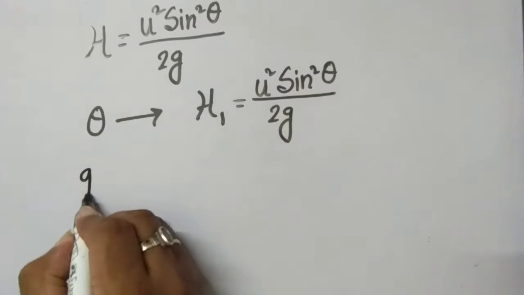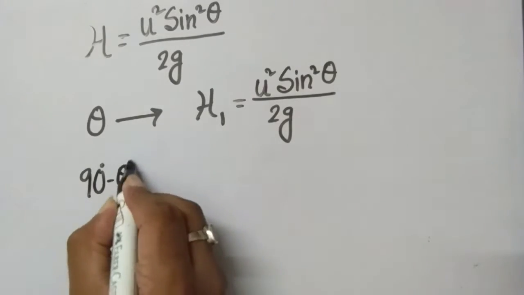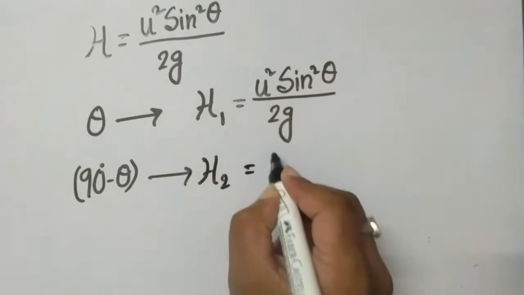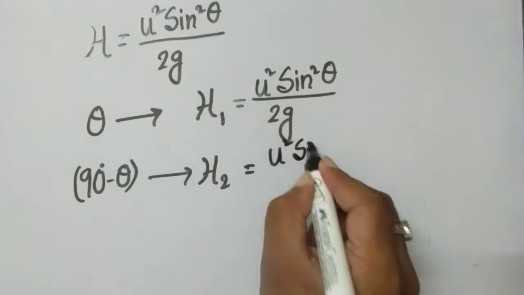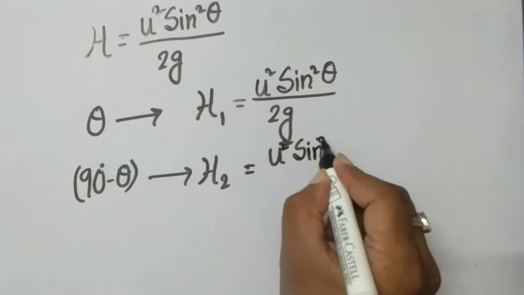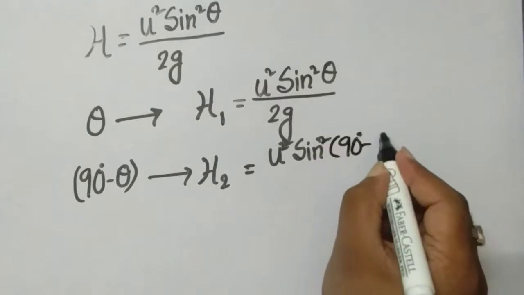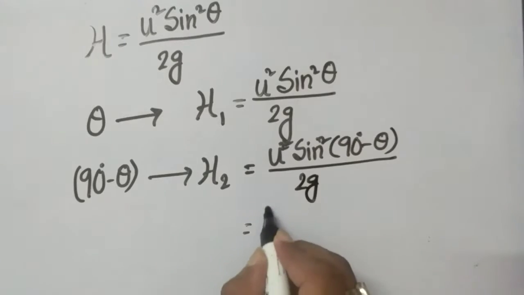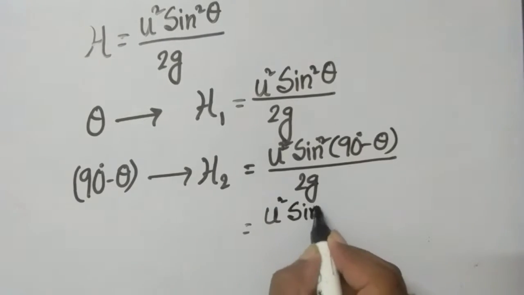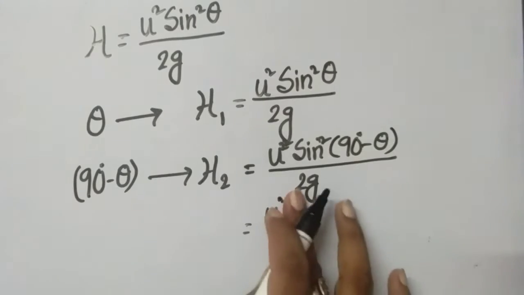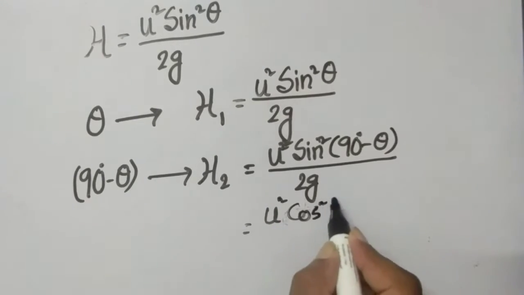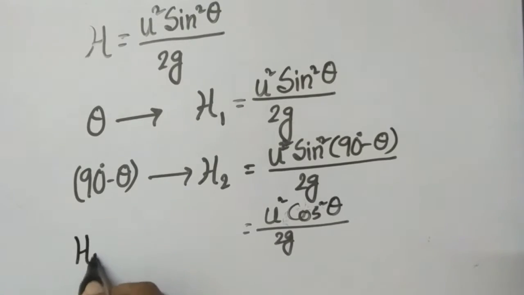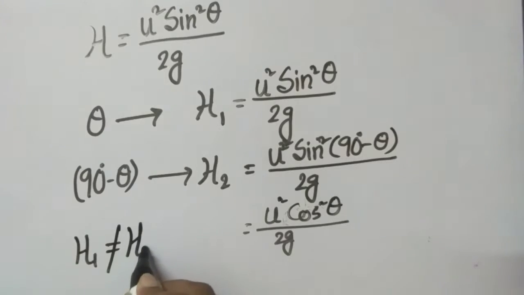But if theta is replaced by the complementary angle, that is 90 degree minus theta, then h2 equals u square sine square of 90 degree minus theta divided by 2g. So it is u square, and sine of 90 degree minus theta can be replaced by cos theta, so cos square theta divided by 2g. So from here it is clear that h1 is not equal to h2.